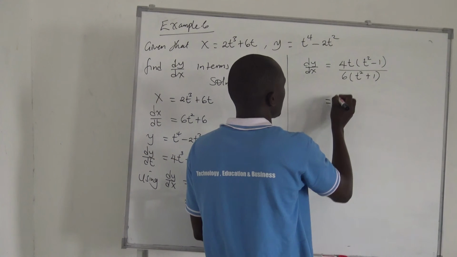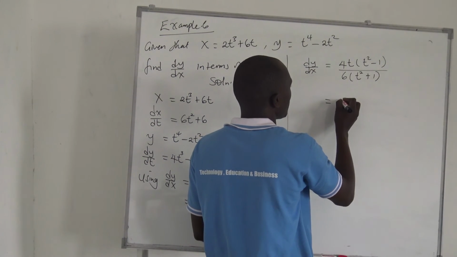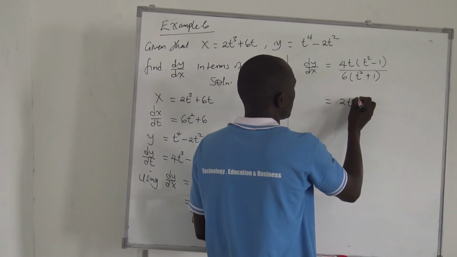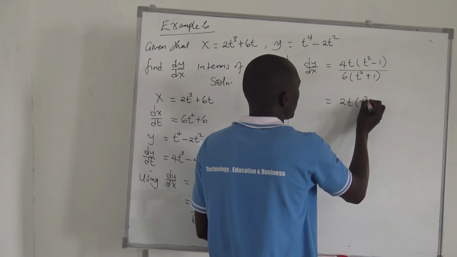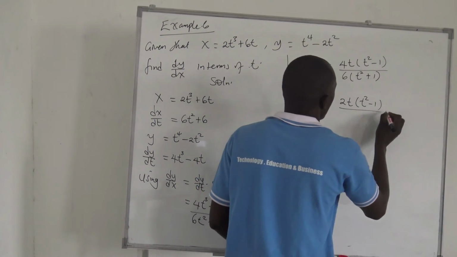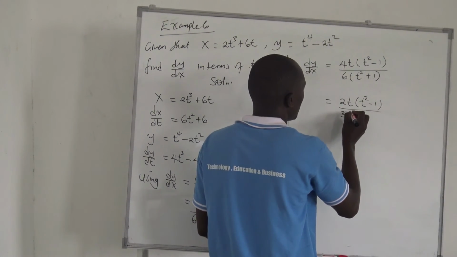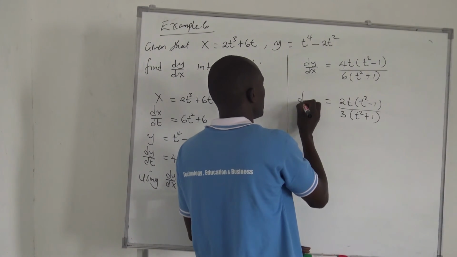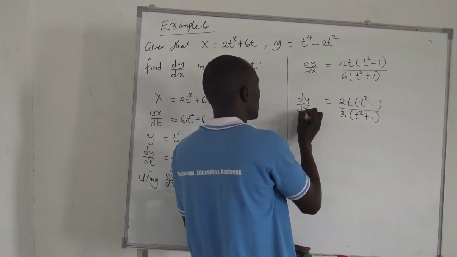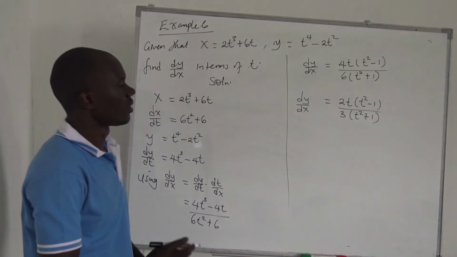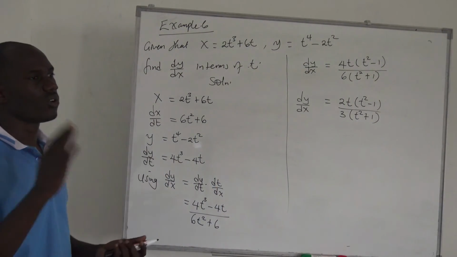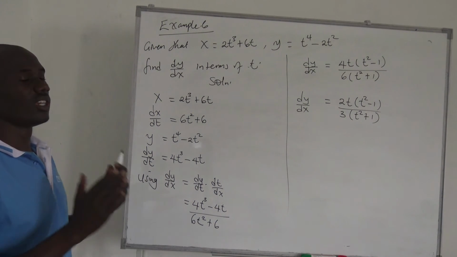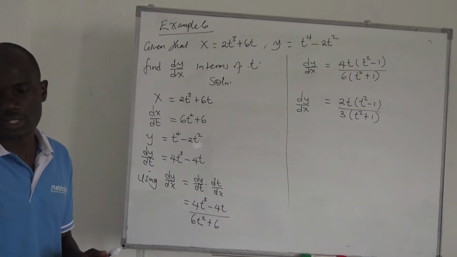So what is it? 2 reduces, we remain with 2t into t squared minus 1 all over 3 into t squared plus 1, which is our dy/dx. So this is how we get our dy/dx in terms of t when you are given the parametric equations.